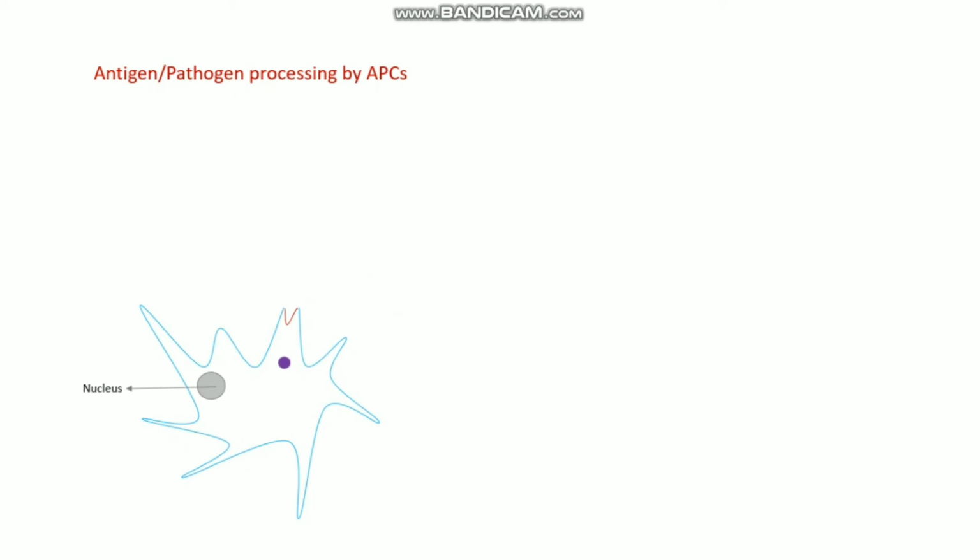It produces vacuoles, and with the help of the vacuoles, bacteria get inside, and that vacuole also associates with lysosomes to form the phagolysosome, and the bacterial antigens are digested by the lysosome and disintegrated into smaller pieces.